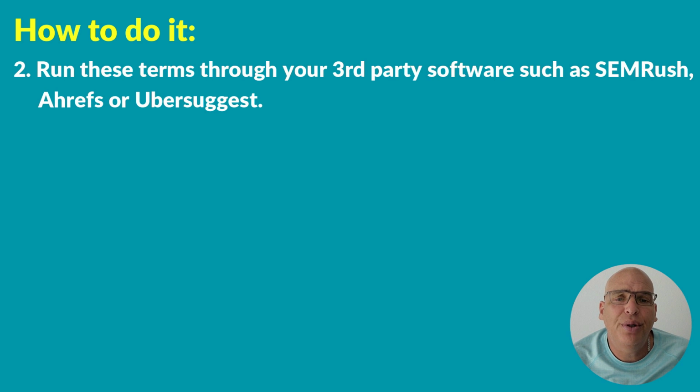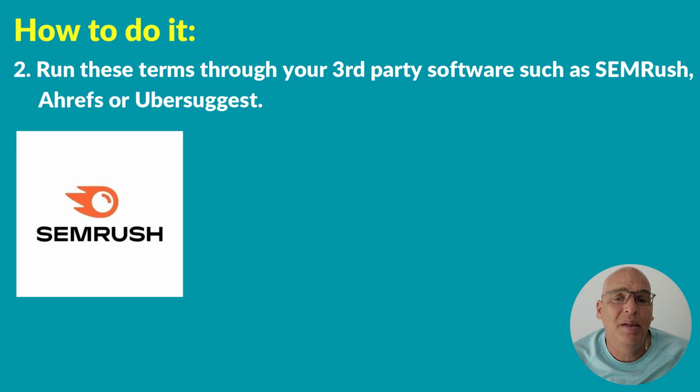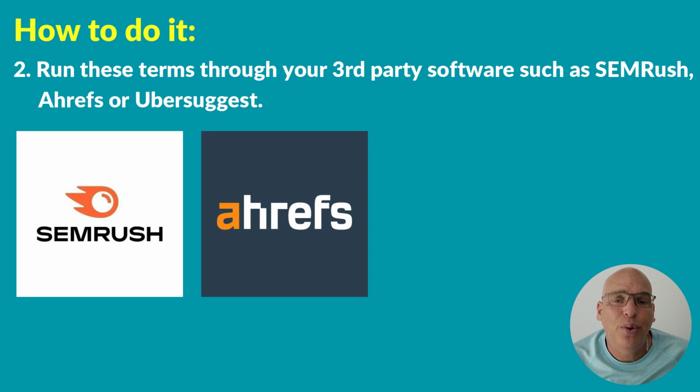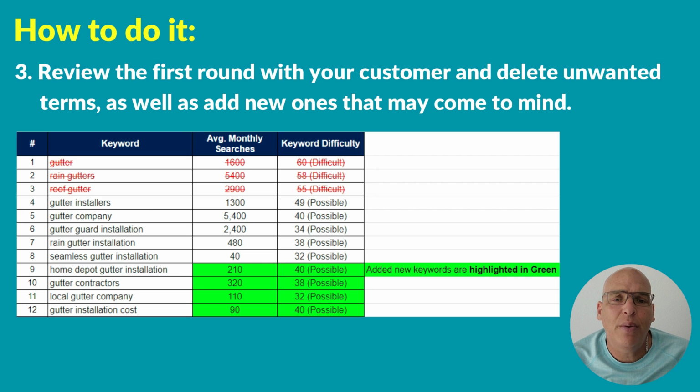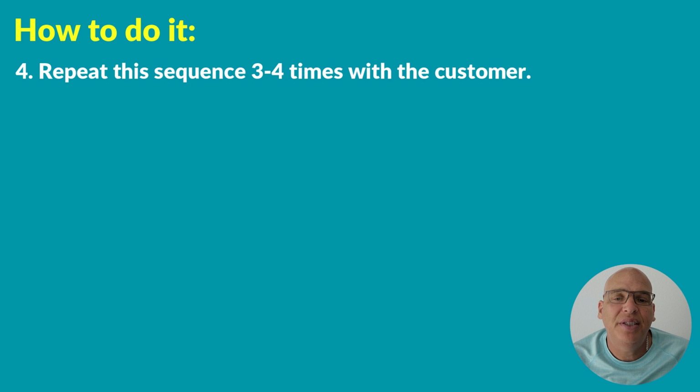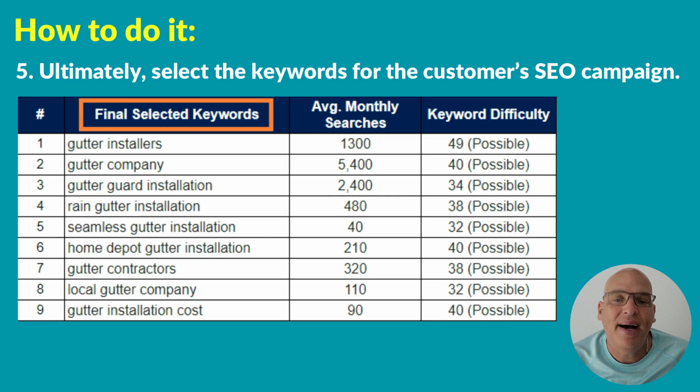Run these terms through your third-party software such as SEMrush, Ahrefs, or Ubersuggest. 3. Review the first round with your customer and delete unwanted terms as well as add new ones that may come to mind. 4. Repeat this sequence 3 to 4 times with the customer, or even more. 5. Ultimately, select the keywords for your customer's SEO campaign.